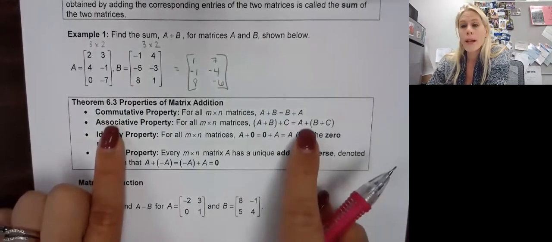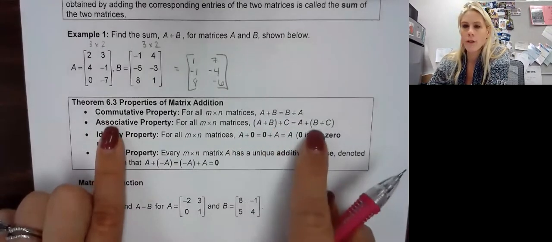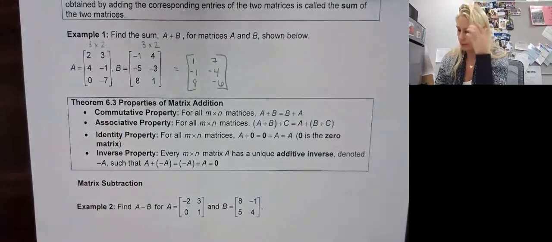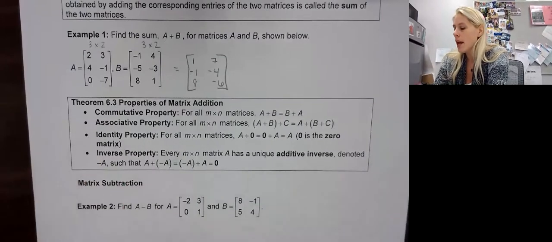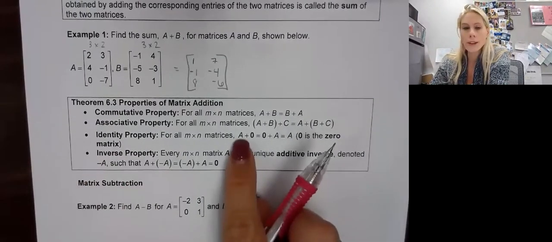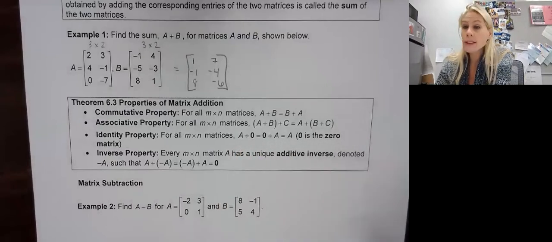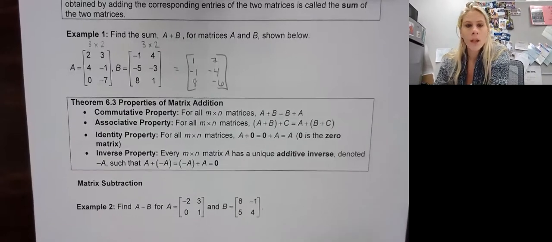Again, if we have 3 matrices that we're adding together, and of course they have to be in the same dimensions, we can add whatever 2 we want first, then add the third, and it's the same thing.